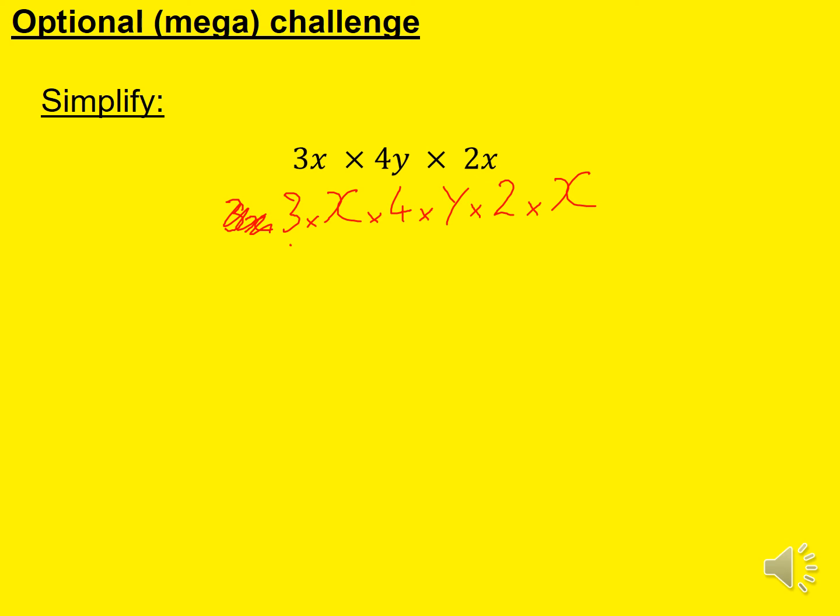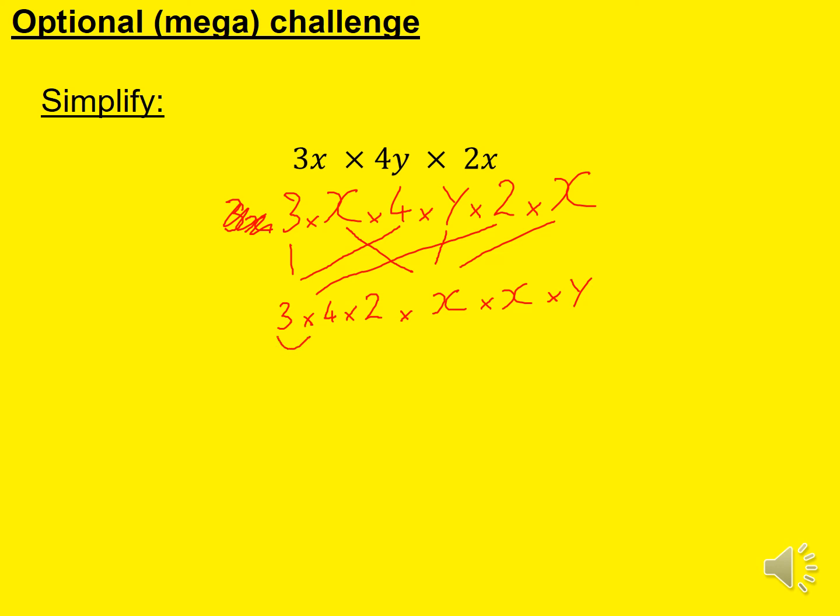We're still going to take the numbers and put them together at the start. So we've got 3 times 4 times 2. And then we're going to take all the letters and put them together as well. So we've got times x times y. And notice I've put the x's next to each other. That is because we're going to be able to do something with them in a second.